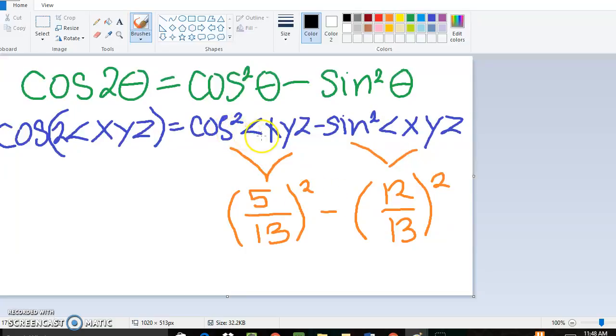So we know that cosine of angle XYZ is 5 over 13, and we bring the square down. And we know sine of XYZ is 12 over 13, and we bring the square down too. So we minus this by that.